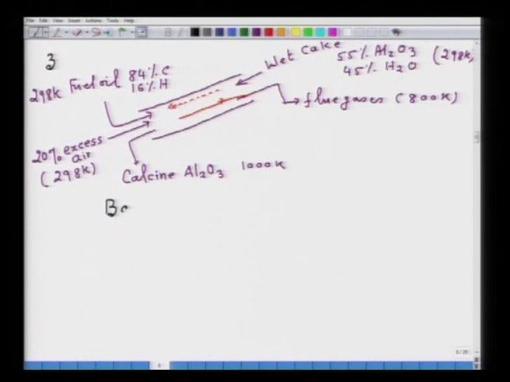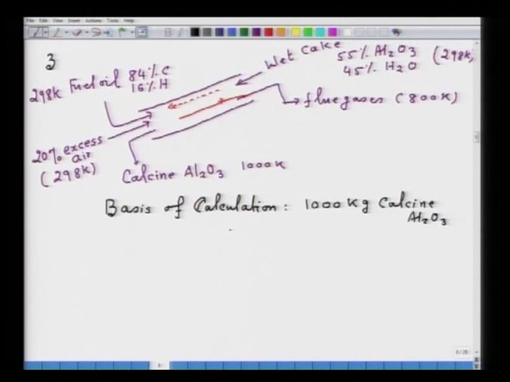So, the basis of calculation is 1000 kg calcined Al2O3.